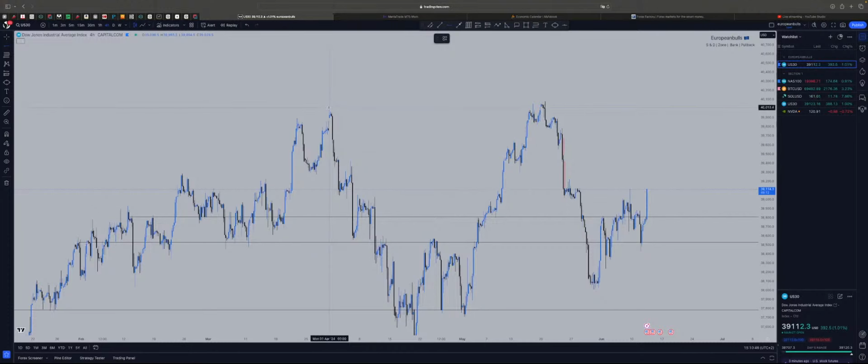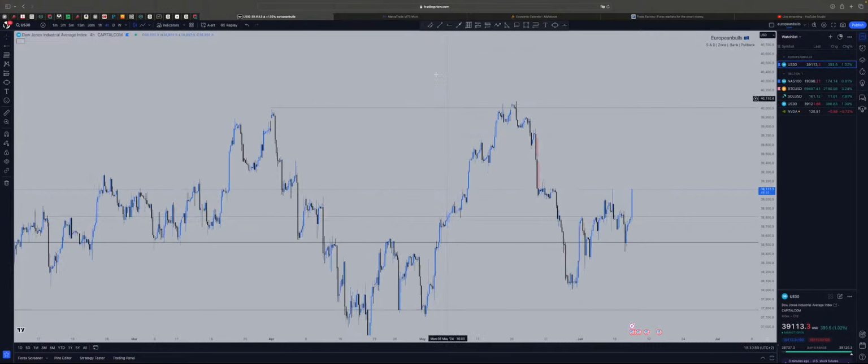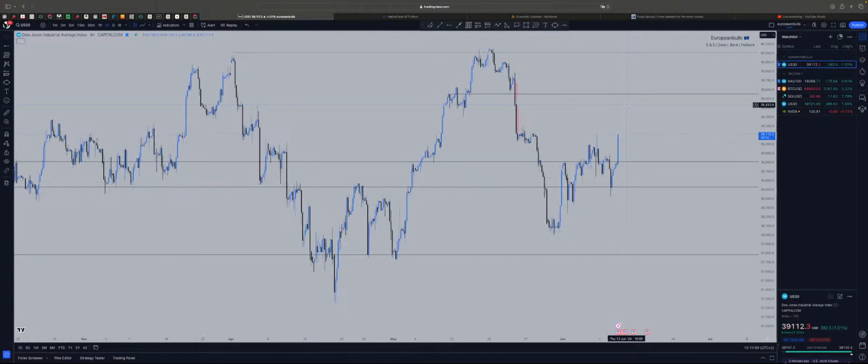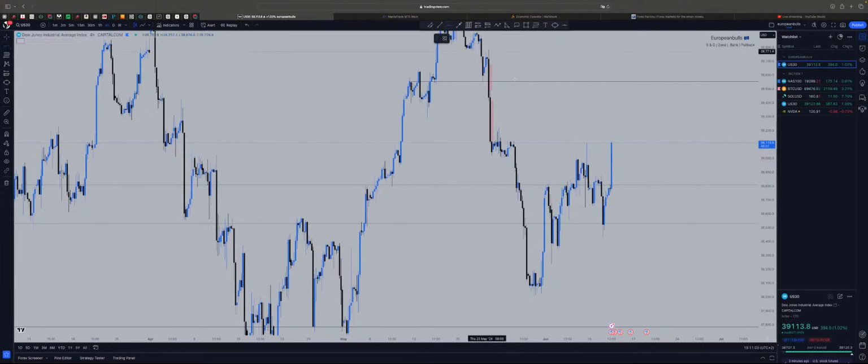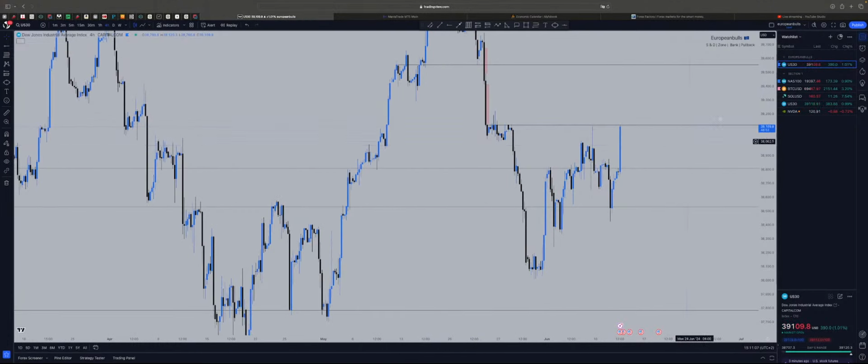We'll put the support resistance line somewhere around here, and then another one here, which makes sense, in this area. This is the case for today.